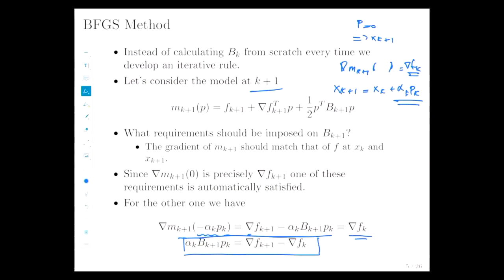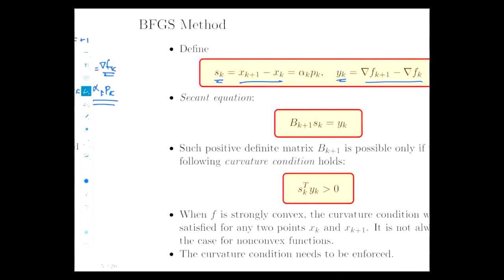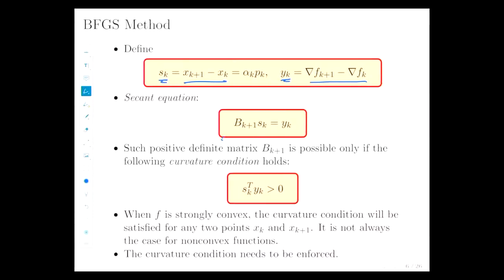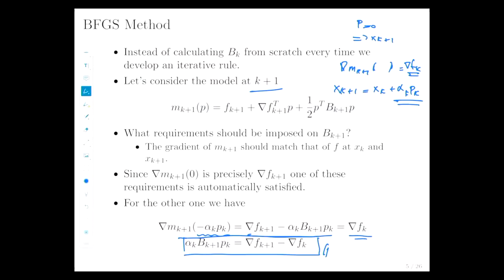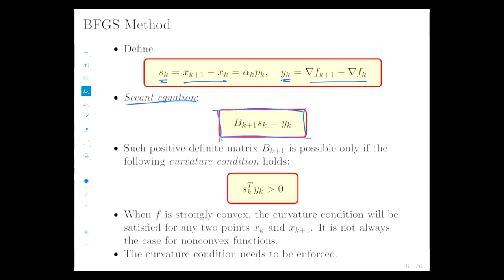So rewriting this condition in terms of s and y, we get this equality, which is known as the secant equation. Okay? They are identical. Alpha k pk is the difference between the consecutive steps in the iterations.